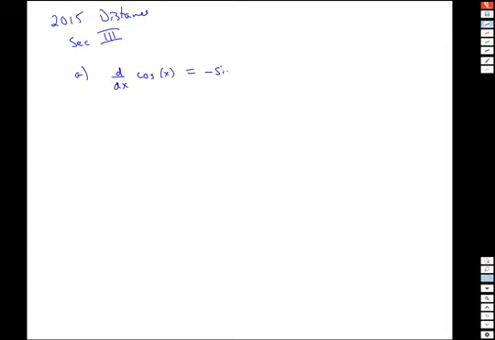That'll be negative sine of x. Negative sine of x. Part B is you start with cos of arccos of x equaling x. And we give you the hint to take the derivative of both sides, do an implicit derivative, and see what comes out of that.